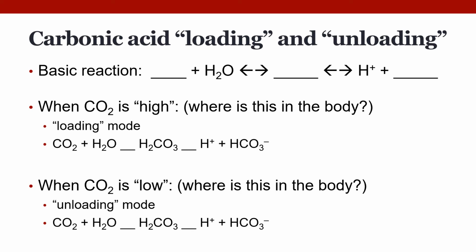Carbon dioxide does not typically travel in large amounts attached to hemoglobin. There is a reaction where carbon dioxide attaches to hemoglobin, and a small amount of carbon dioxide, maybe about 10% of your carrying capacity, is carried that way.